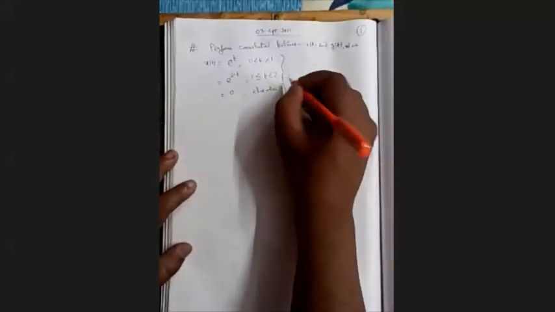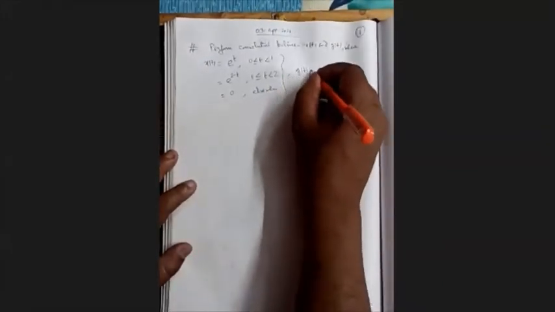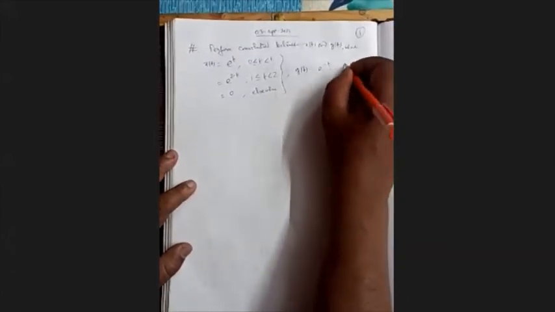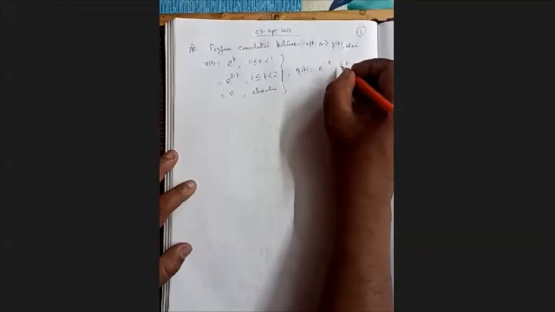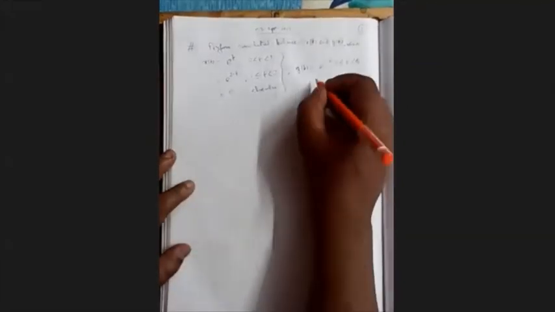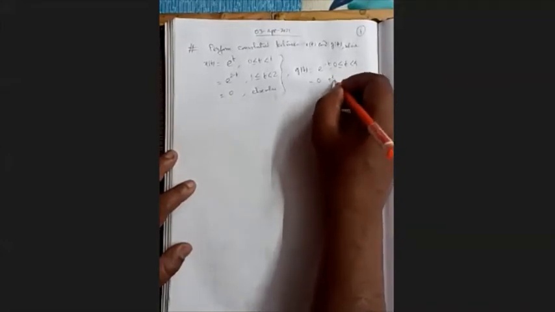And g(t) equals e to the power minus t, where t is in between 0 and 4 and is 0 otherwise.